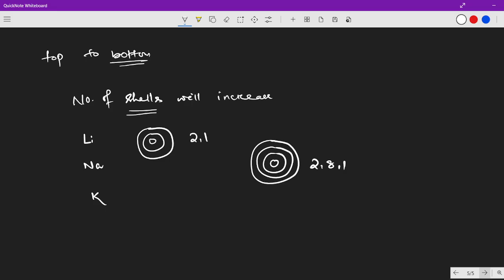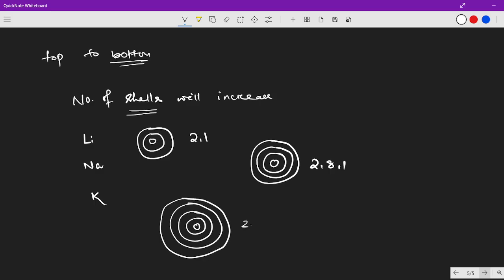And for potassium I can write 1, 2, 3 and 4 shells, with configuration 2, 8, 8, 1. So clearly you can see, as the number of electrons increased, the number of shells also increased, and the size also increased. Understood?